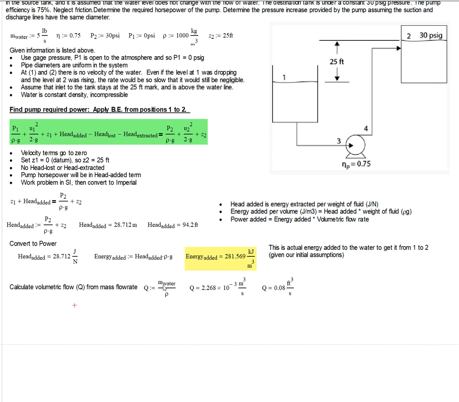Another way we can calculate it is by taking the mass flow rate, which is given to us, and dividing it by the density of the fluid. And so we can calculate a volumetric flow rate of our water through this system, and then we take that and multiply it by the energy added, and you can see we get our answer either in watts at 638.6 watts or in horsepower at 0.856 horsepower.